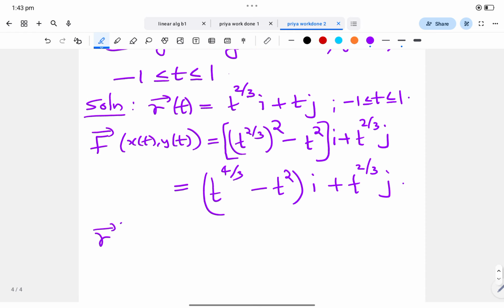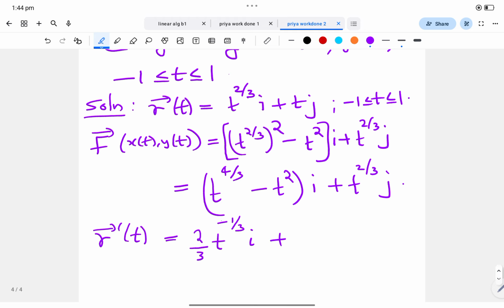Now computing r'(t), the derivative of r(t). First of all, the derivative of t^(2/3): the derivative of t^n is n t^(n−1). So the derivative of t^(2/3) is (2/3) t^(2/3 − 1), and 2/3 minus 1 is −1/3, i, plus the derivative of t, which is 1, j.